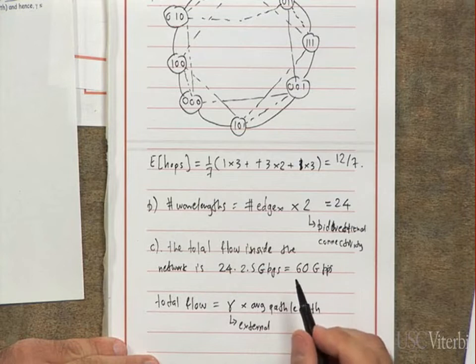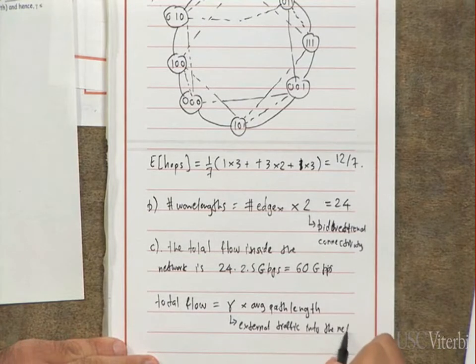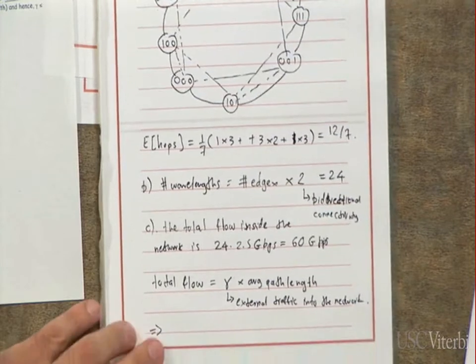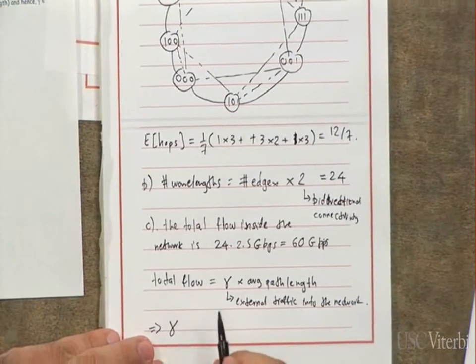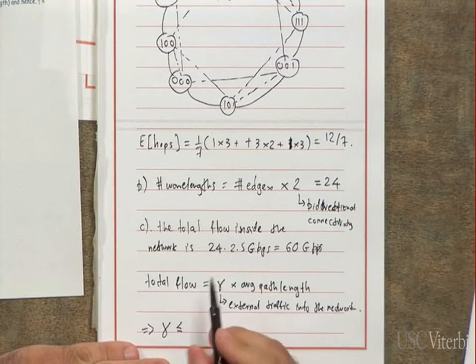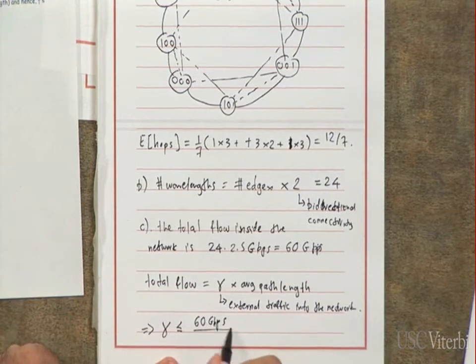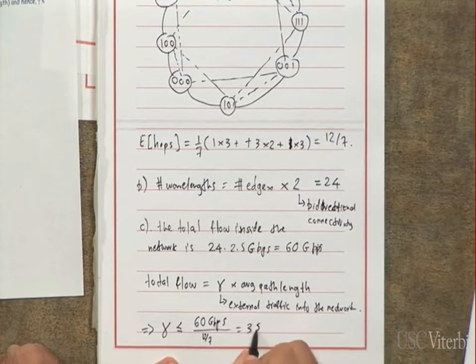External traffic into the network. And if you solve in terms of gamma, it gives you that the end-to-end traffic that the network can handle at most is 60 gigabits per second over 12 over 7, and this is 35 gigabps.